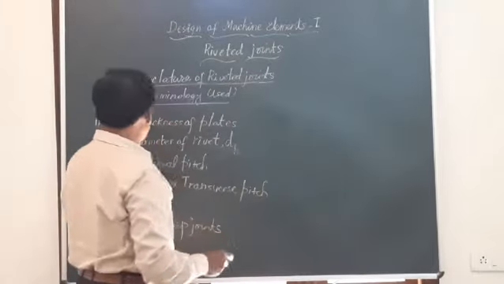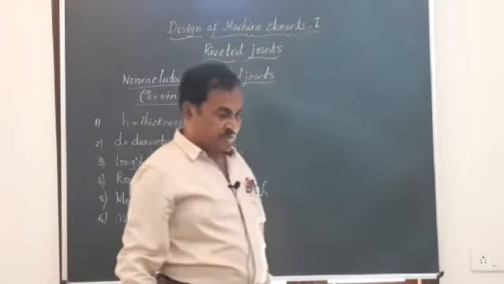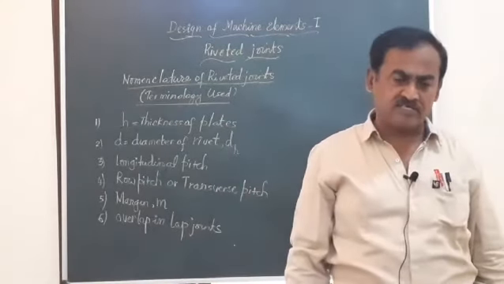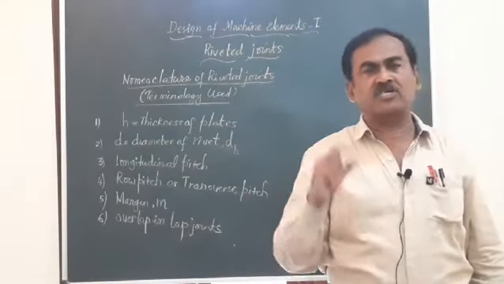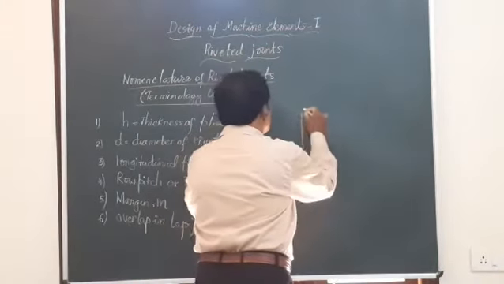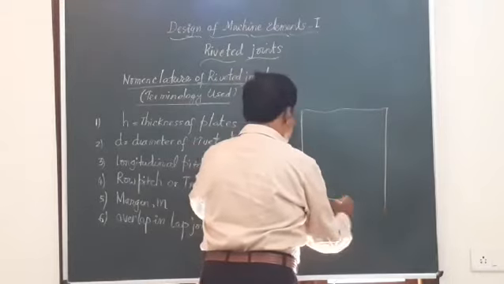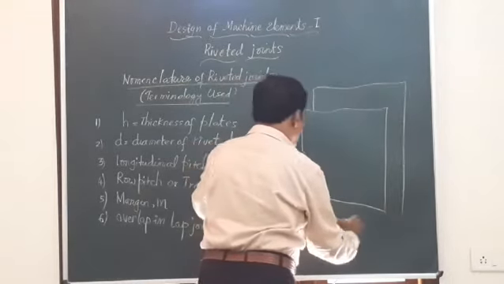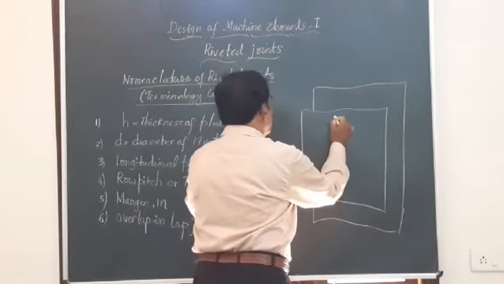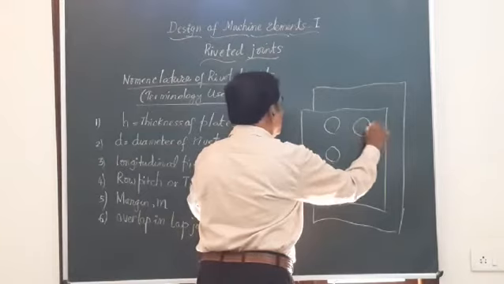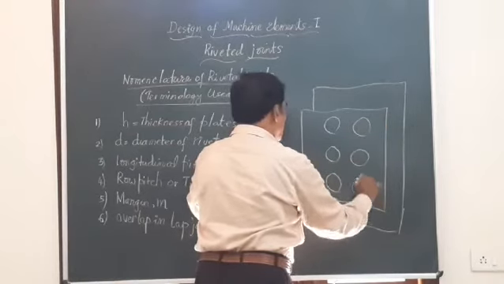Friends, coming to the longitudinal pitch. When you are making any of these joints, that is lap joint or butt joint, we are going to have a number of rows of rivets, as I have explained in the previous session. Suppose we have a lap joint and we have 2 rows of rivets, say with a chain arrangement like this.